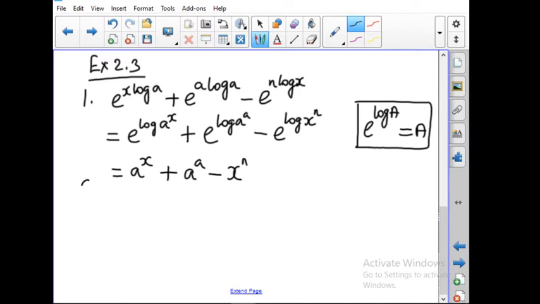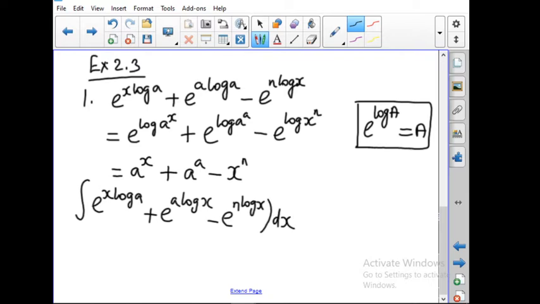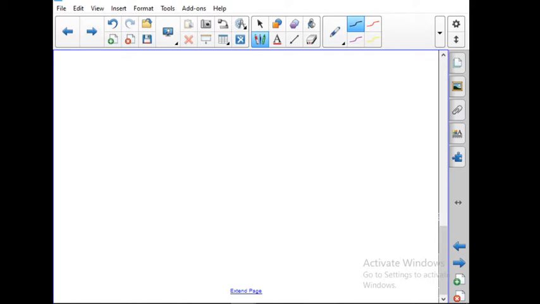Let us consider the given problem, integral of e power x log a plus e power a log x minus e power n log x into dx. This is equal to, we can write down a power x plus a power a minus x power n into dx.